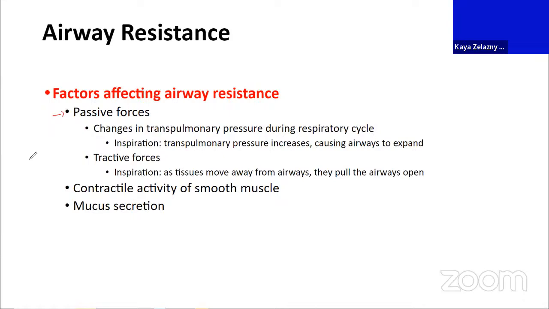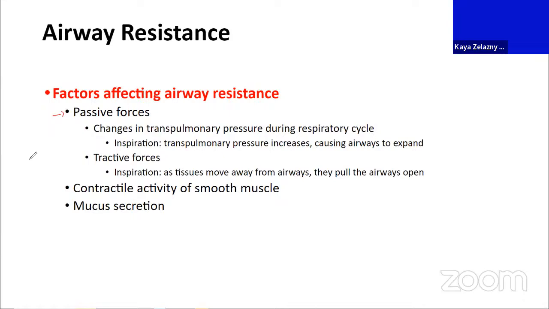Tractive forces, think like a little more hands-on. We're thinking literally about the tissue side of that equation. So both of these things create expanded airways. We open up airways. And so we're going to be lowering resistance if we have a more open airway, right? Wider means lower resistance.